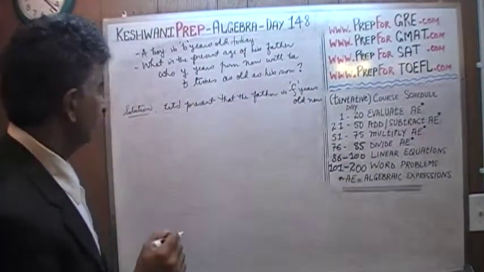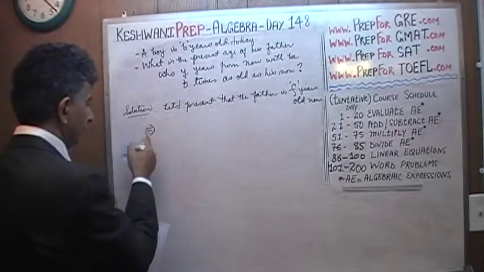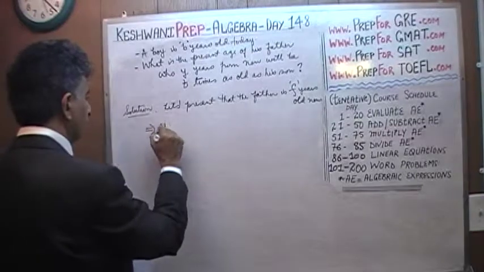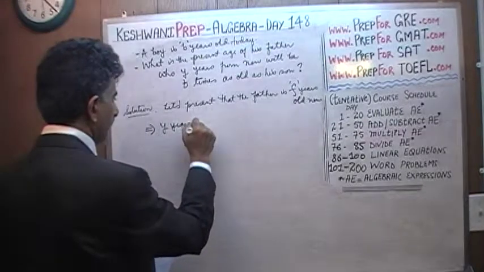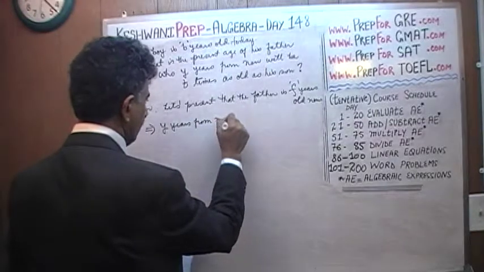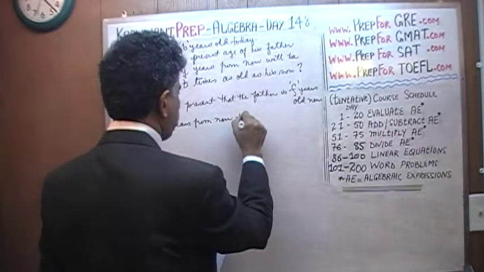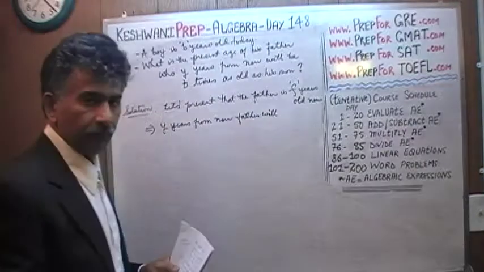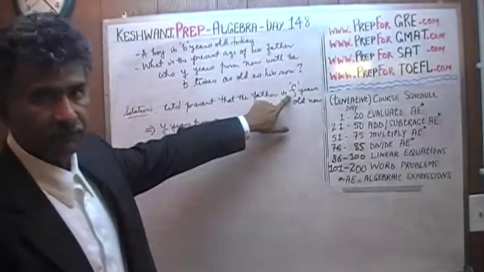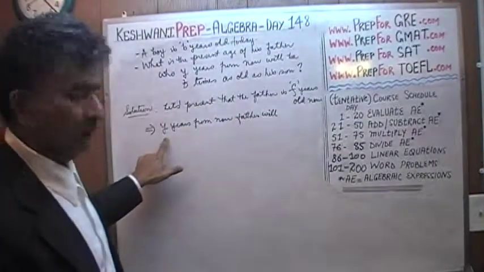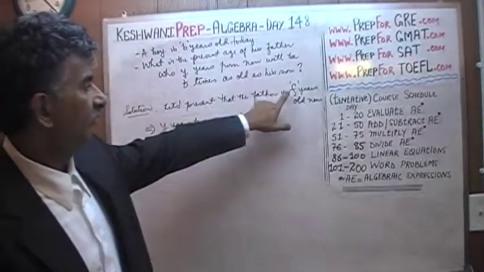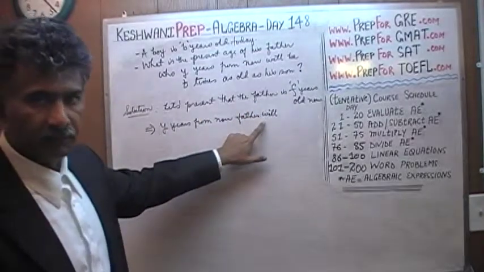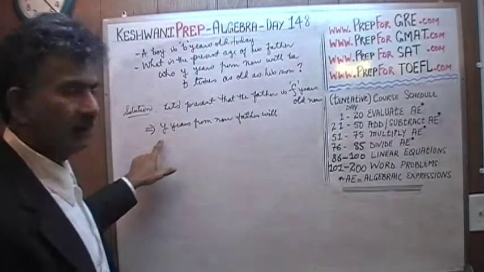If that is the case, then Y years from now, father will be, for example, if he's 50 years old today and Y happens to be 3, then 3 years from now he will turn 53. 50 plus 3.